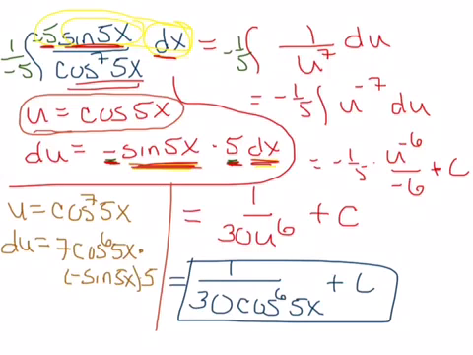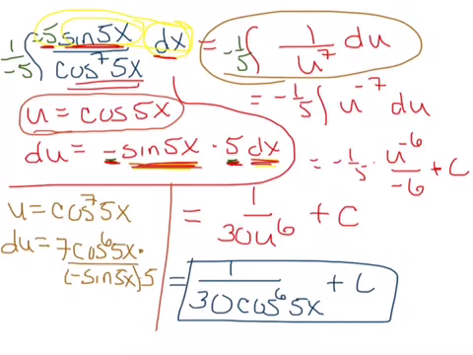Now here's how I can tell that's not going to work. When I try to substitute everything back in to be u's, I don't have enough for our du. I don't mind having a 7, because I could multiply by 1/7. I don't mind having an extra 5, again, because I could multiply by 1/5.